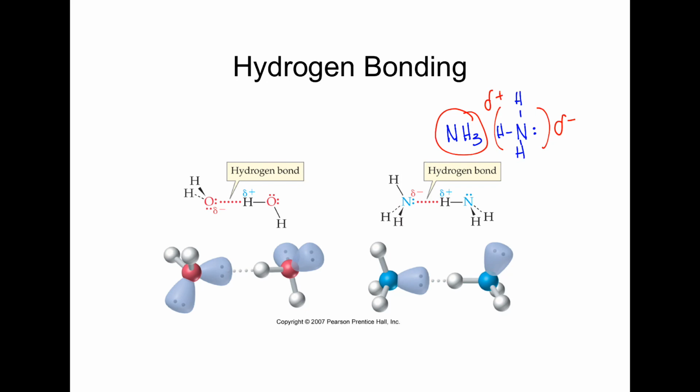And it has a hydrogen that's bonded to a nitrogen with a lone pair on it. So it also meets the requirements for hydrogen bonding. And that means that the nitrogen from one ammonia is going to be attracted to the hydrogen from a different ammonia. And that's what we call a hydrogen bond, the attraction between those.